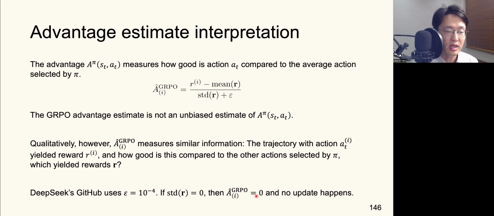But in that case, the A hat quantity just becomes zero, because in order for the standard deviation to be zero, all of the rewards must equal the mean. So the numerator becomes zero, the denominator becomes epsilon. So we have zero divided by epsilon. So A hat is equal to zero, and that results in no updates, which makes a lot of sense because when the standard deviation of the rewards is zero, that means all of the trajectories had equal reward. So they're all equally good. So there's really no learning signal there, so no updates should happen.